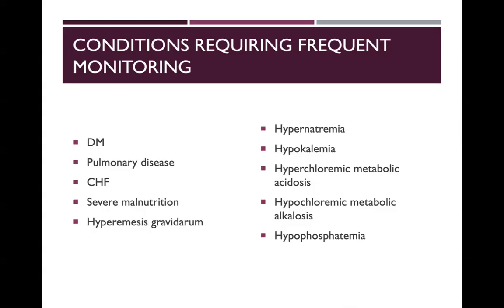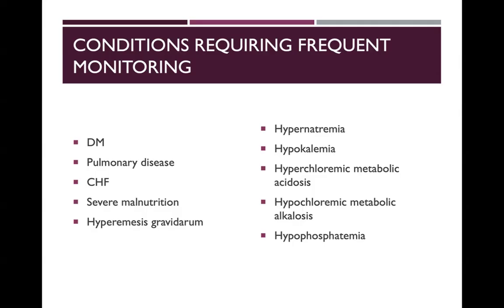Hyperemesis gravidarum, this is a condition that happens in pregnant patients, that you do have an excessive amount of vomiting. So when you vomit, you're not able to take and absorb a lot of nutrients, and also there's a lot of fluid loss, a lot of acid-base abnormalities. So when you start giving them sufficient nutrition after a long period of starvation, that can cause, again, refeeding syndrome.